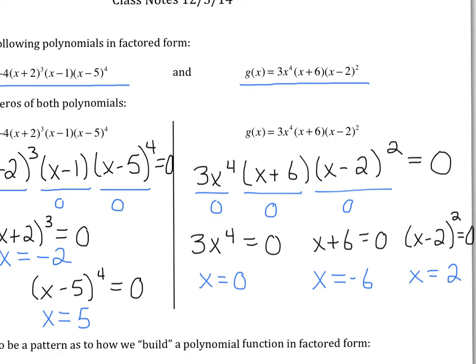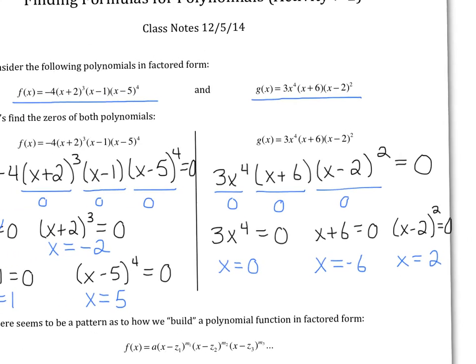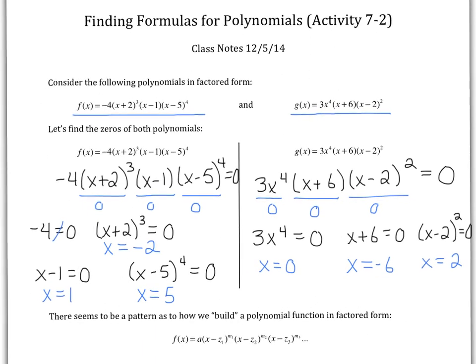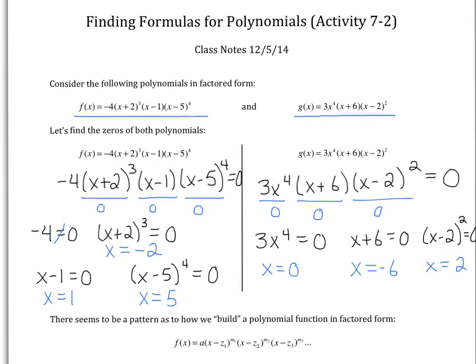So hopefully, if we look at the zeros that we obtained and we look at the formulas in general, up here and up here, we start to notice a pattern about how polynomial formulas look, at least in factored form.